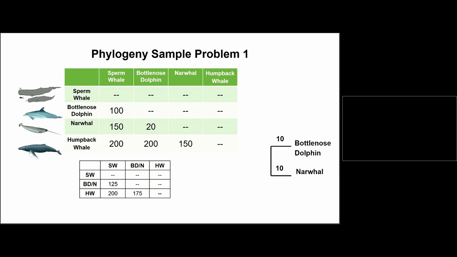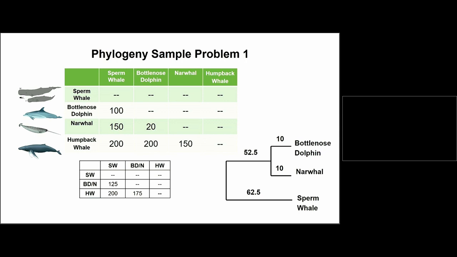And then we took the humpback whale to the bottlenose dolphin and the humpback whale to the narwhal, and that gave us 175. So on this chart, the smallest number was 125. So that tells us that the bottlenose dolphin narwhal common ancestor split from the sperm whale, right, in more recent time than the humpback whale.